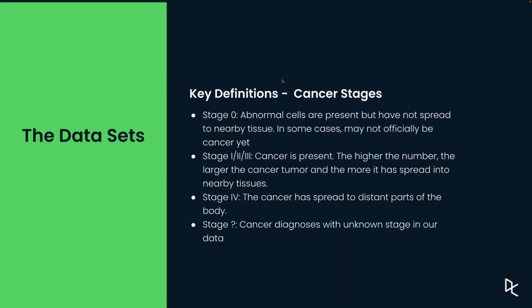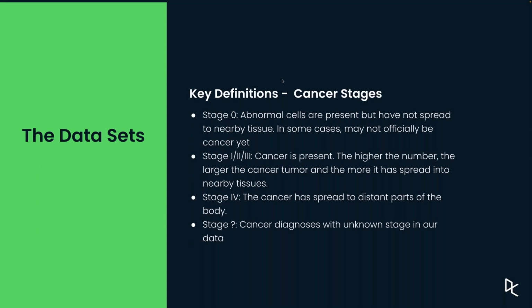When cancer is diagnosed, a stage is determined between 0 and 4, with 4 being the most progressed disease, and 0 being the least progression. Stage 0 is defined as abnormal cells are present but have not spread to nearby tissue, and in some cases may be a precursor to cancer, but not an actual cancer.